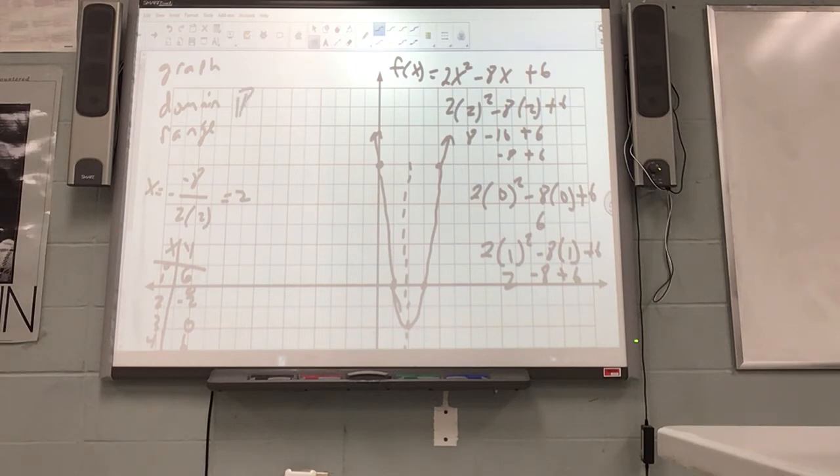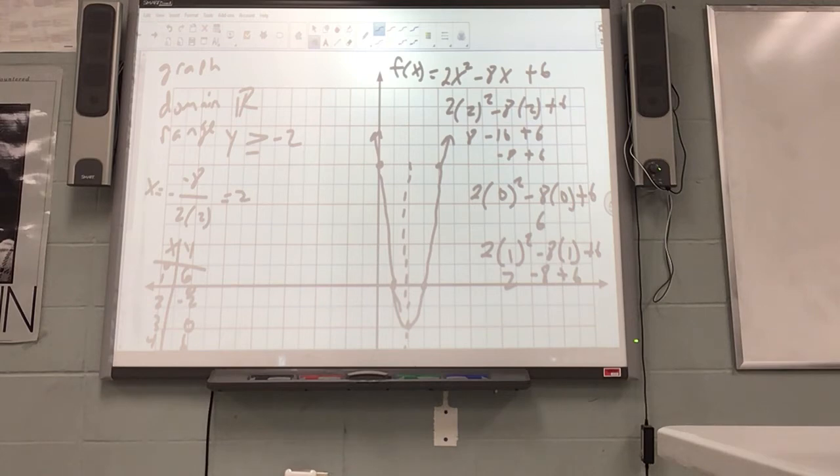All real numbers. What's the range? Y equal. Very good. Did anybody practice doing it in your graphing calculator? Good. That's just as good, works faster and easier.